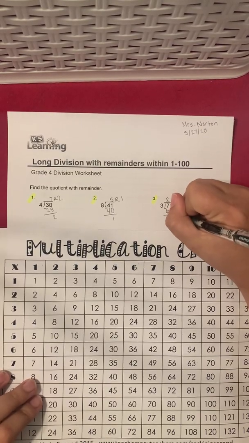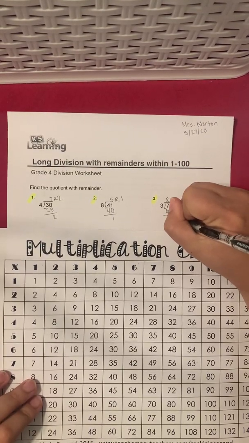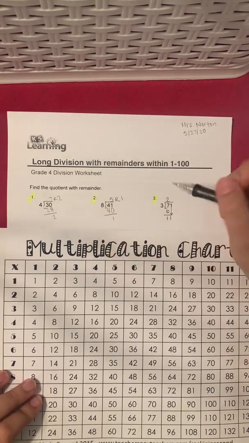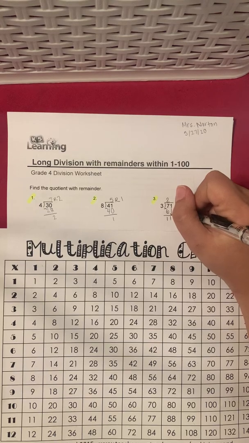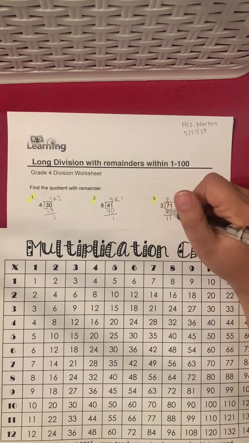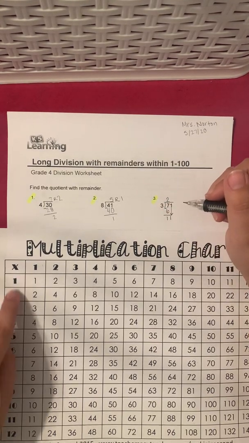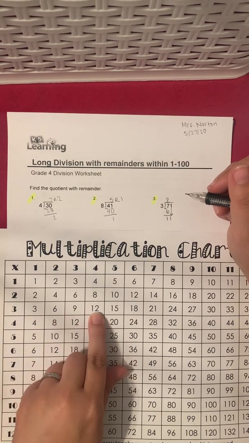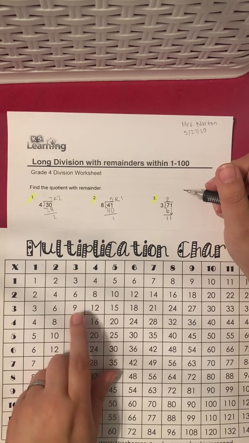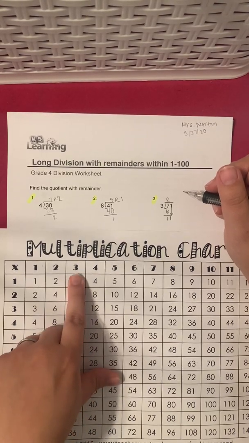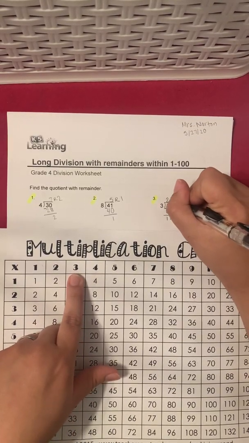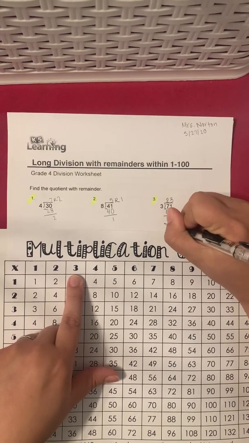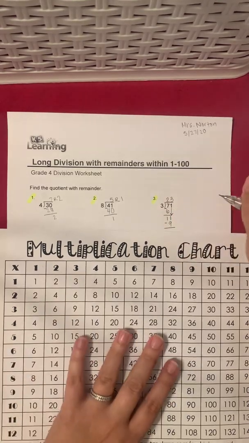We bring down this 1 that's in the ones column because we did not use it. We haven't addressed that. So we need to figure out if 3 can go into 11. So we go to 3, we go over. We have 9 or 12. Well, it can't be greater, so we're going to use 9. So we know that 3 times 3, so we write 3 at the top because 3 times 3 equals 9. Now we subtract to see what's left over.